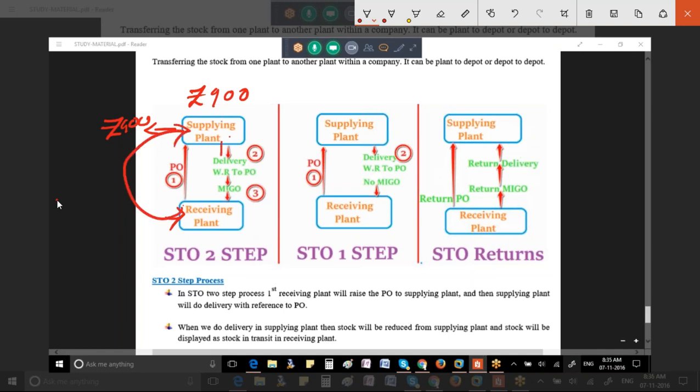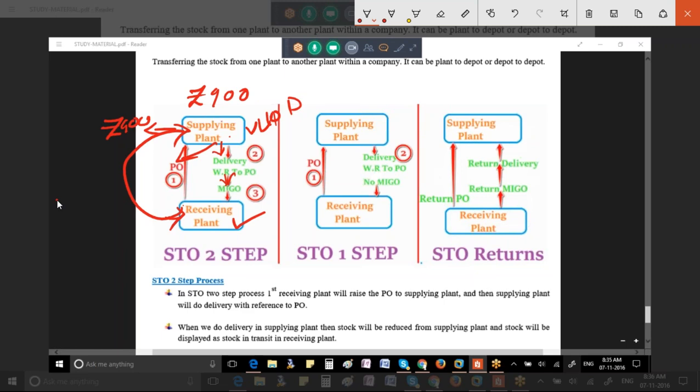The supplying plant will do delivery with reference to the PO. What is the T code? VL10D or VL10B also. And with reference to this particular delivery, then we do MIGO. Then only the stock will be shown as actual stock here. Until that, stock will be showing as stock in transit.